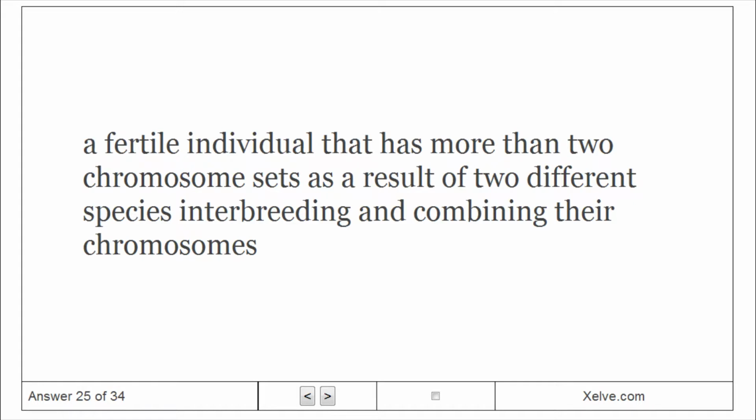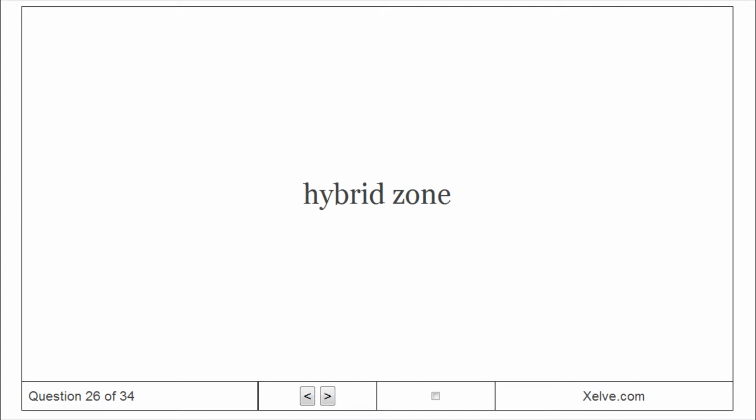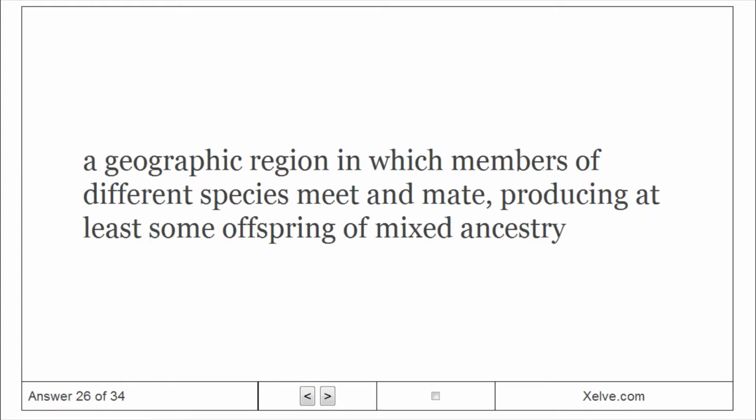A fertile individual that has more than two chromosome sets as a result of two different species interbreeding and combining their chromosomes. Hybrid zone. A geographic region in which members of different species meet and mate, producing at least some offspring of mixed ancestry.